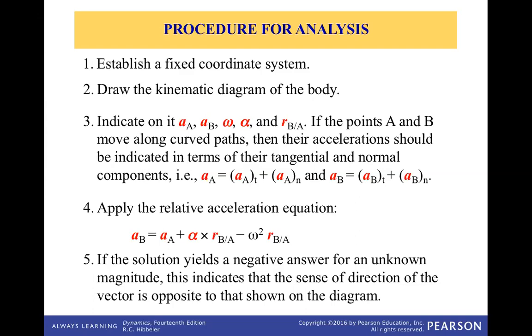In that way, you can set up two equations by looking at the X and Y components. So starting from one vector equation, you can solve for two unknowns, by breaking the vector equation into the X and Y components.